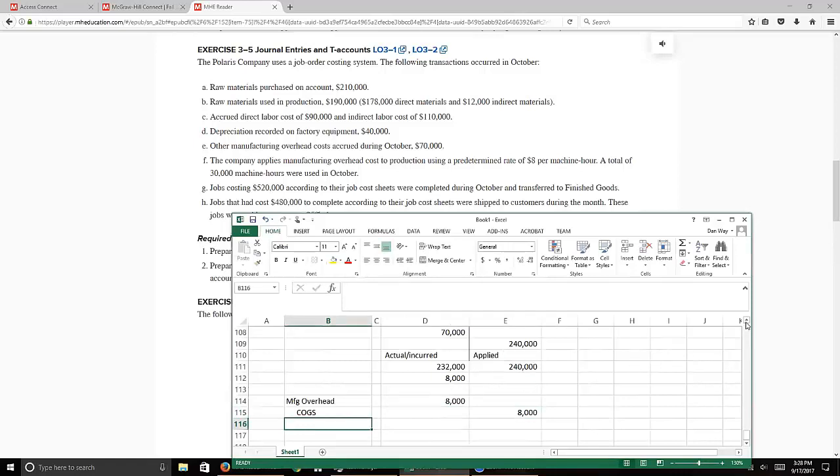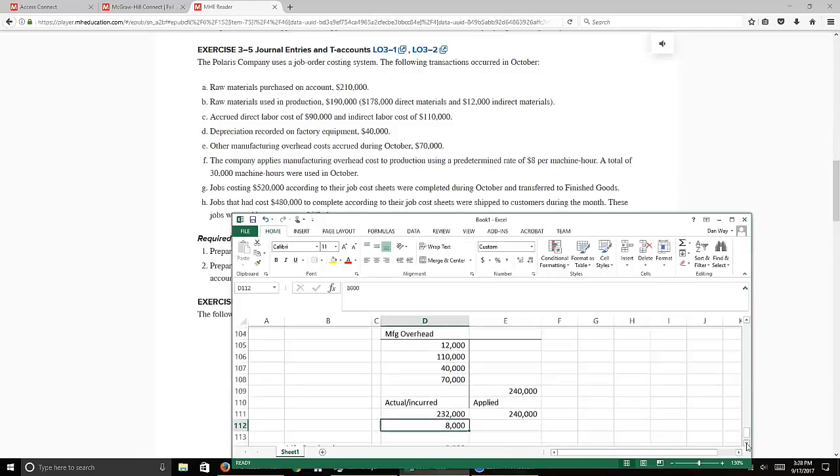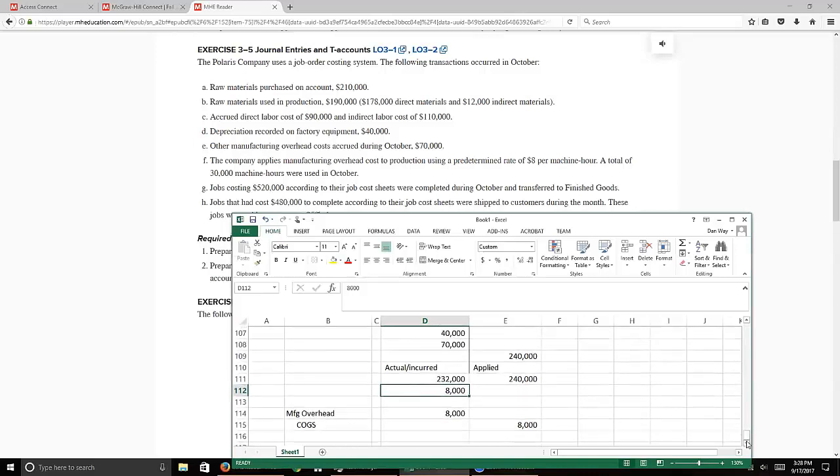Again, I got to the end of the period back up here, and I had $232,000 in debits in overhead. I had $240,000 in credits. So I knew that my overhead for the period was over applied by the difference, or $8,000. So to fix that or to clean it up, I just debit overhead for $8,000.